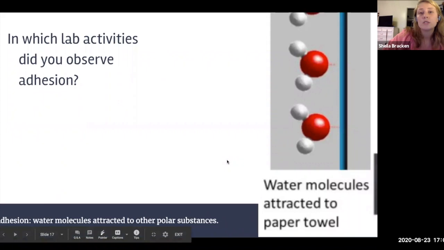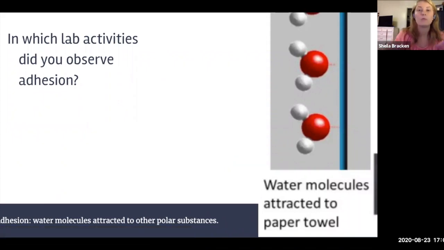So adhesion was observed in the strip of paper, right, with the dot, the straw, right, because the water needed to stick to the edges of the straw as well. Cohesion was also in the straw activity.